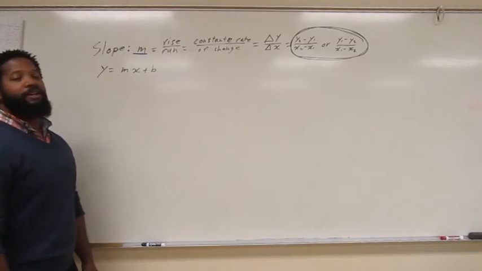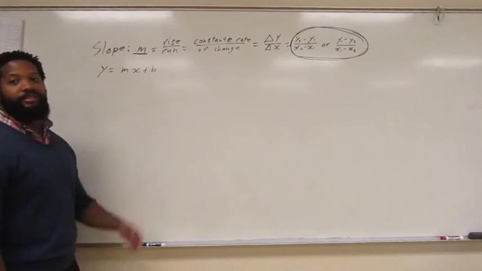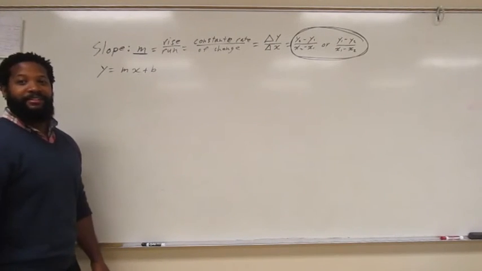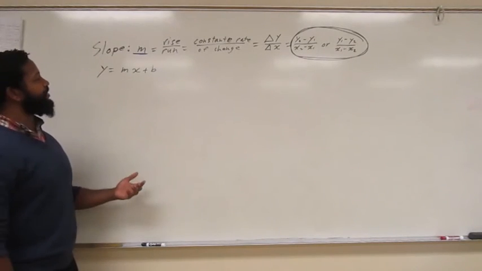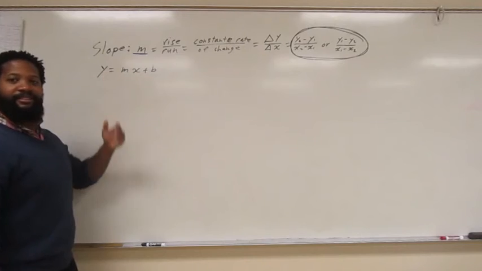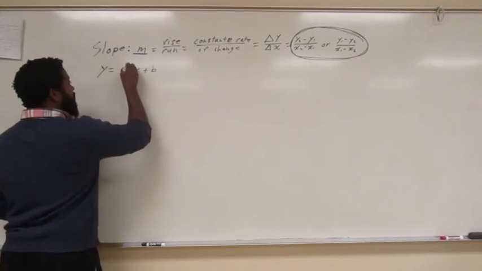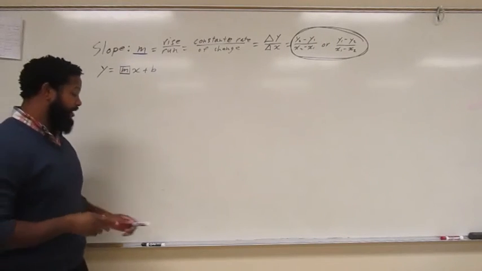Where's our m in this formula? It's in between the x and the equal sign. This is what I'm asking y'all to state right here.